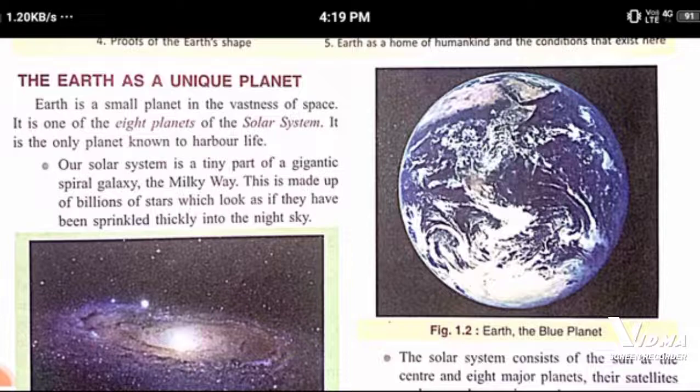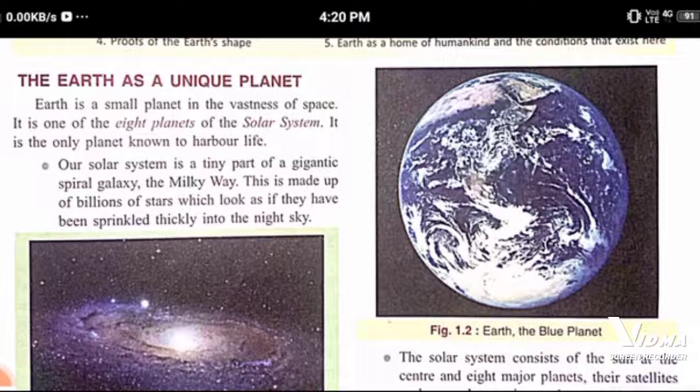Now the next paragraph. Our solar system is a tiny part of a gigantic spiral galaxy, the Milky Way. Our solar system is a very small part of a spiral galaxy. Spiral means just like a spring.